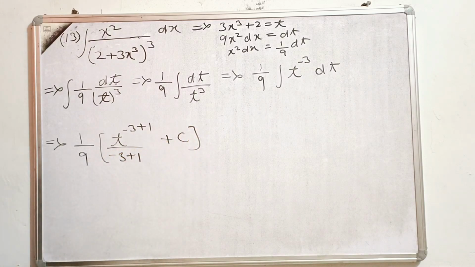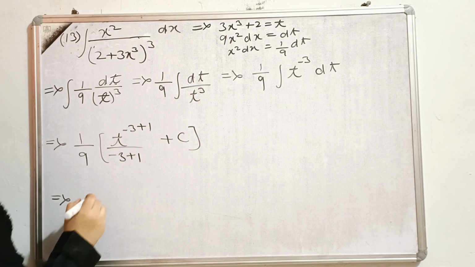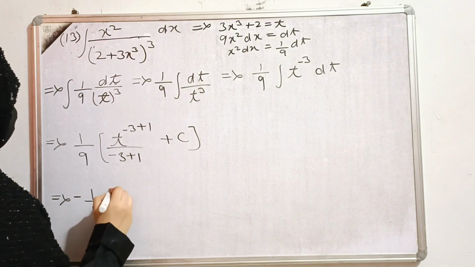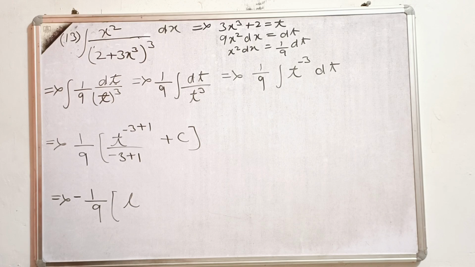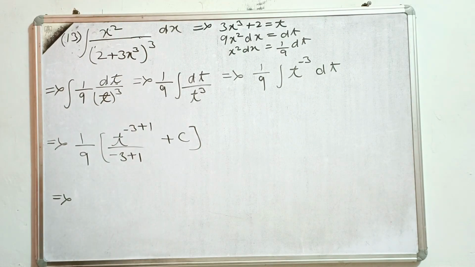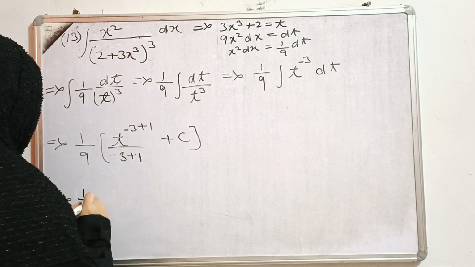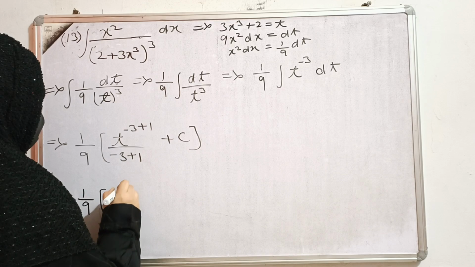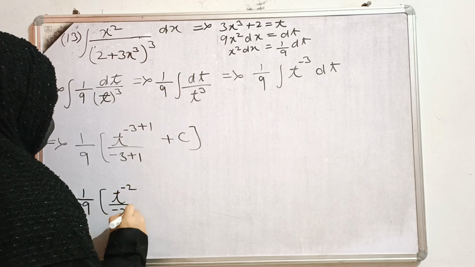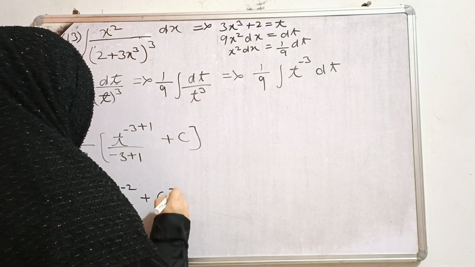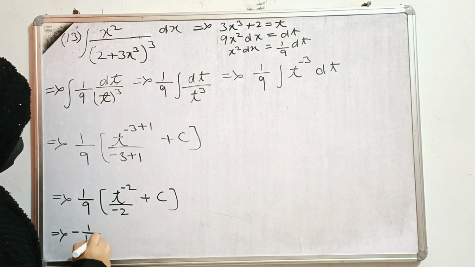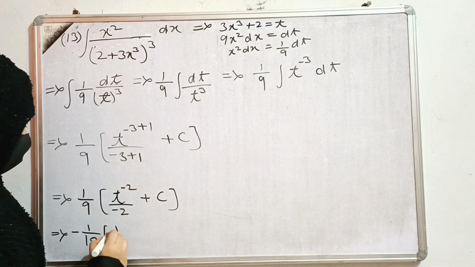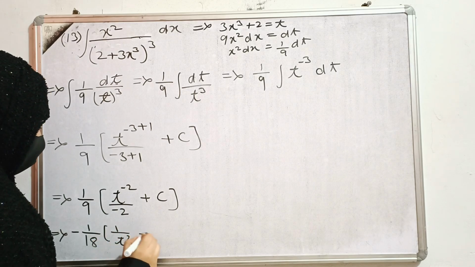Now we get 1 upon 9 times t power minus 2 upon minus 2, plus c. Or we can simplify, we get minus 1 upon 18 times 1 upon t square, plus c.